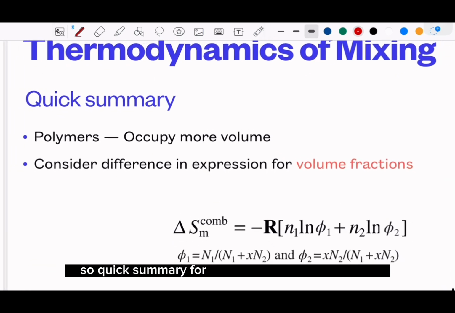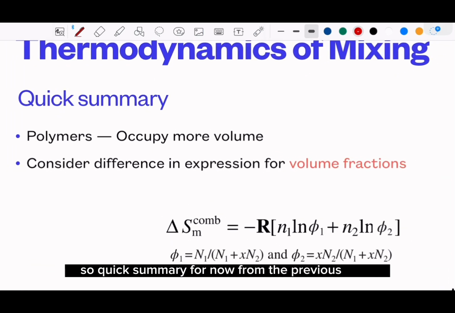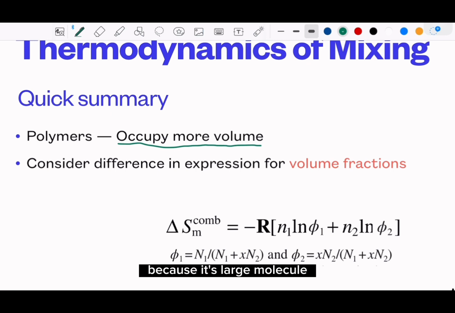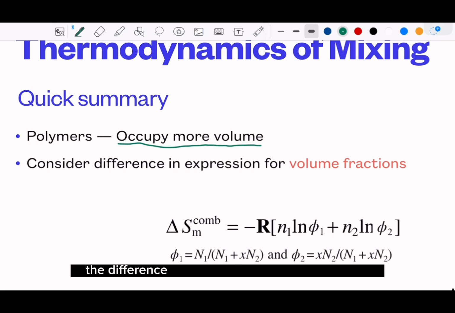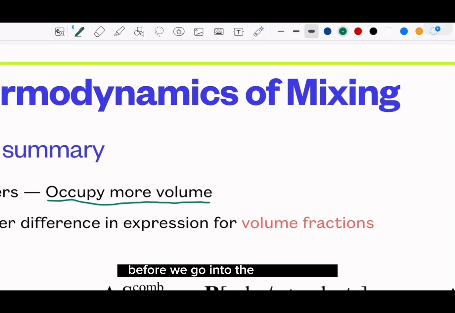So a quick summary for now from the previous page: polymers will occupy more volume, because it's a large molecule. And then we need to consider the difference in expression for volume fraction. So let me write first the expression before we go into the conclusions.